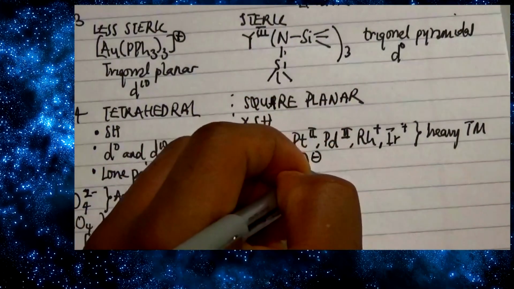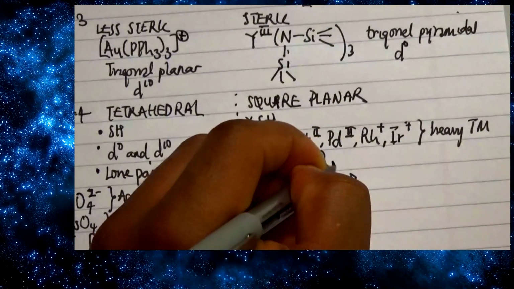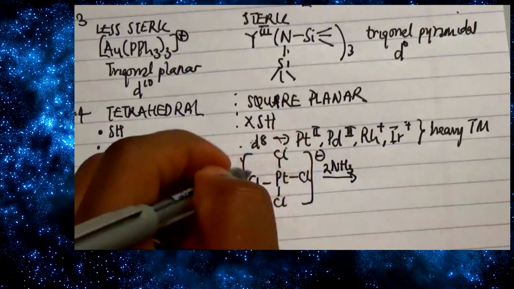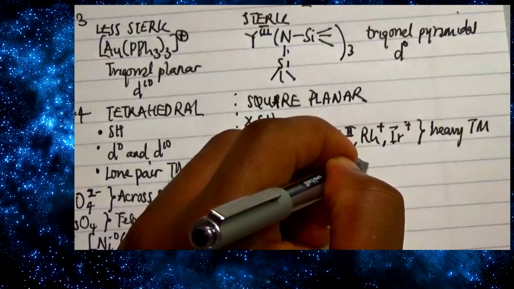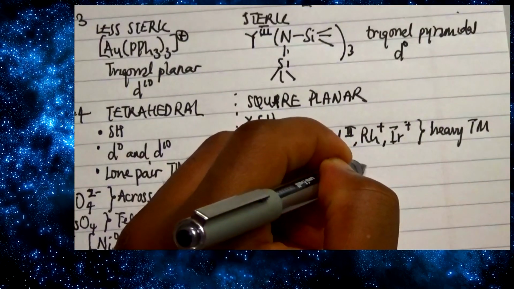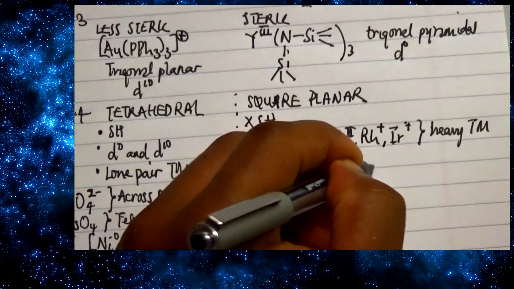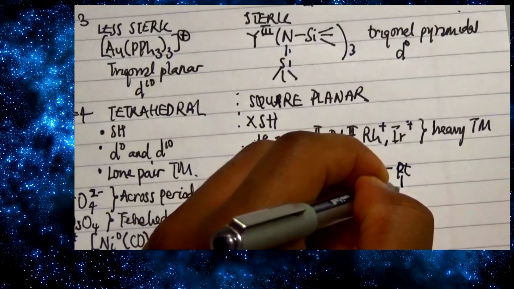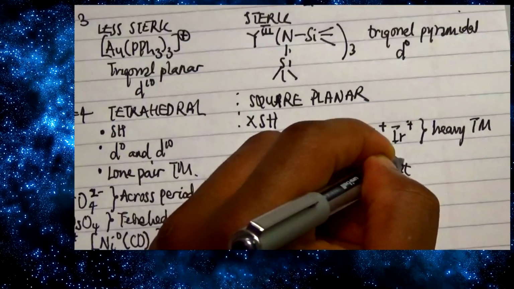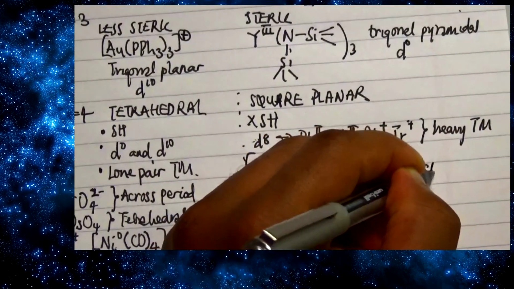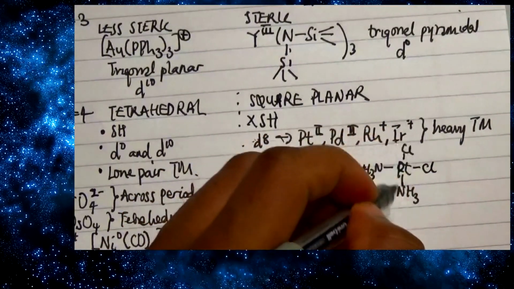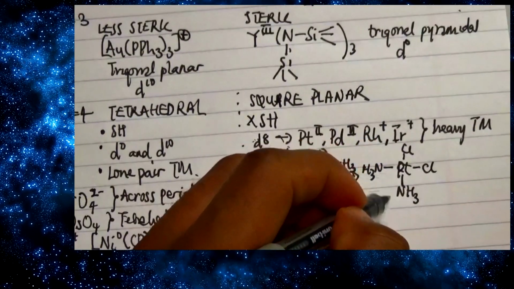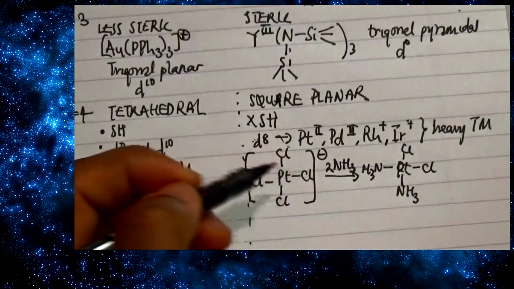Now, on this other part here, once you subject this to 2 ammonia molecules, there is a substitution in here that leads to the formation of a cis-platin compound in here. So on one side we have the cis positioning of our ammonia and the cis positioning of our chlorines over here, and in here we notice that this has a square planar shape with a 2 IR band.